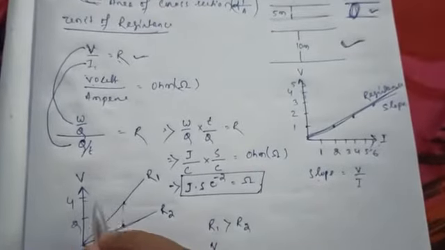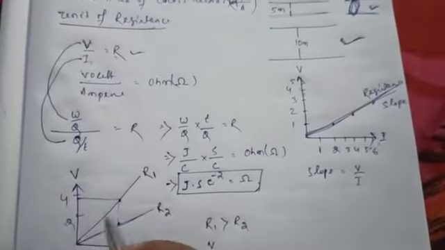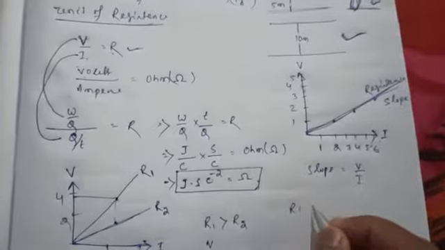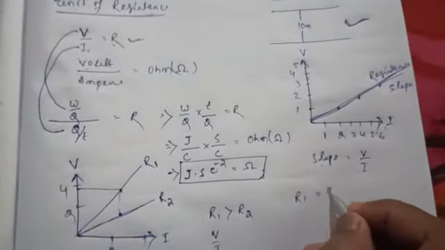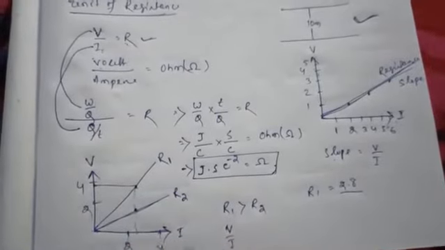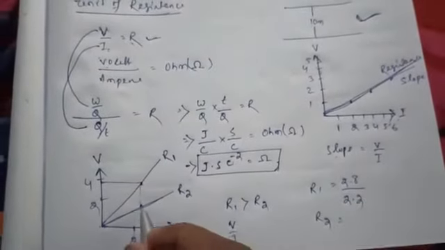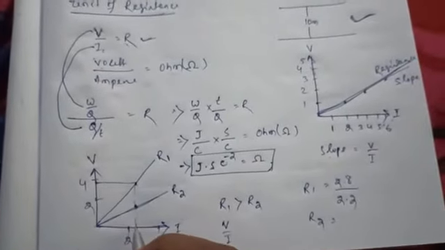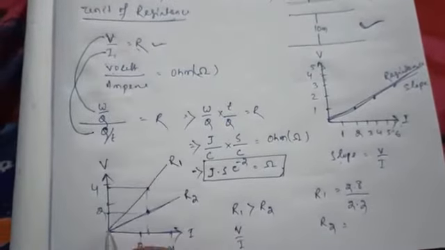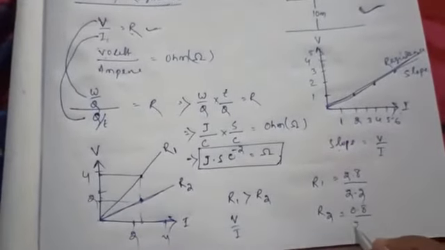For R1, V is almost 2.8 and I is almost 2.2. For R2, it is almost 0.8 by 2.2.